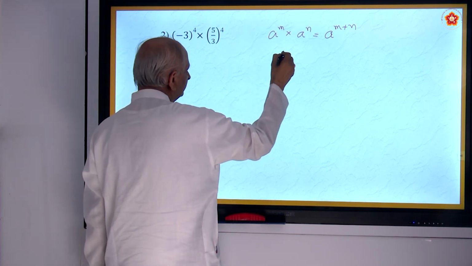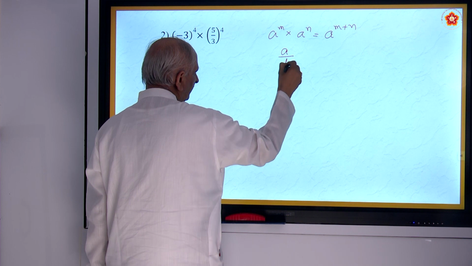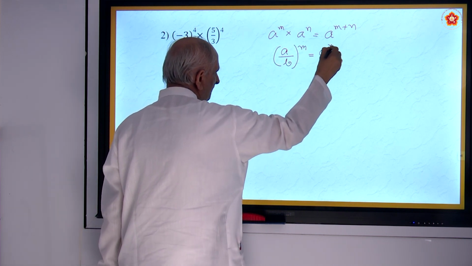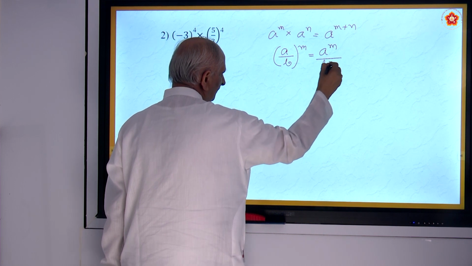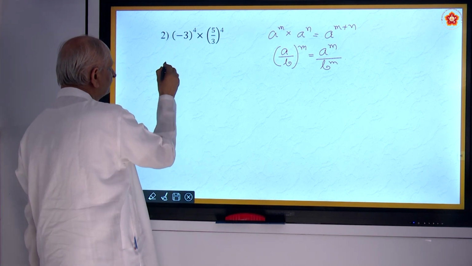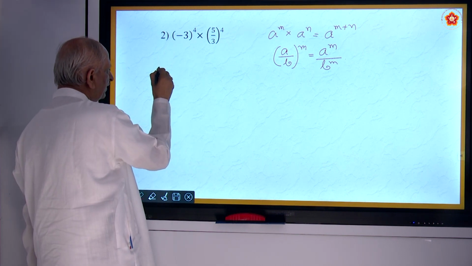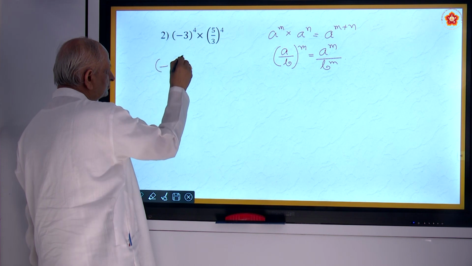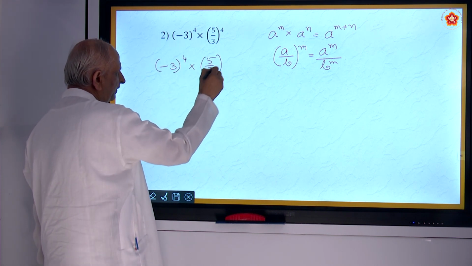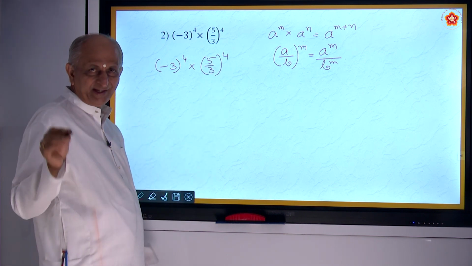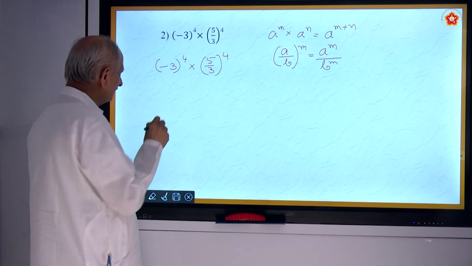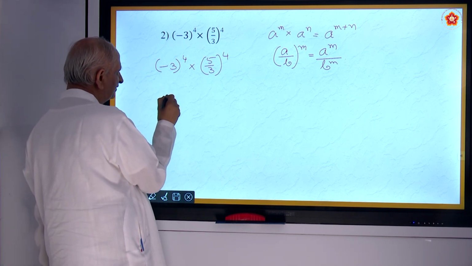Second formula is a by b to the power of m is equal to a to the power of m by b to the power of m. Now we will do one thing. This minus 3 can be written as, this is the problem given. While taking it down, you must be careful, you should not change it. Okay, be very careful.